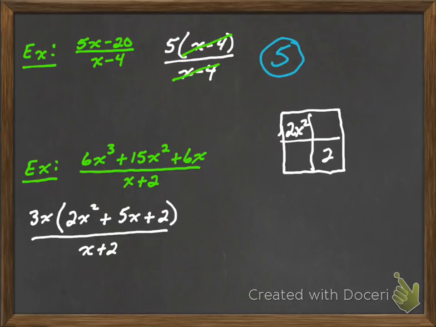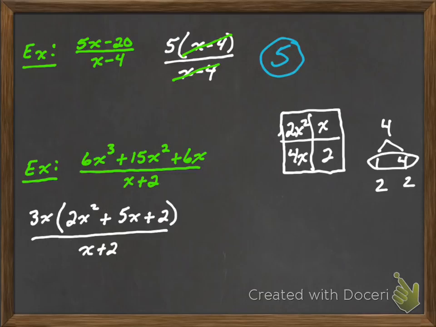Multiply those together and you get 4. The factors of 4 are 1 and 4 and 2 and 2. The combination that gives us this middle term of 5 is 1 and 4. So that tells us that 1x goes one place and 4x goes in the other box.